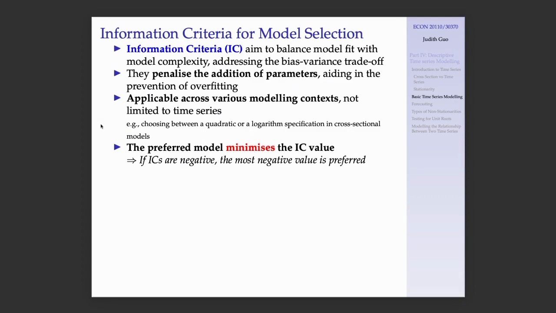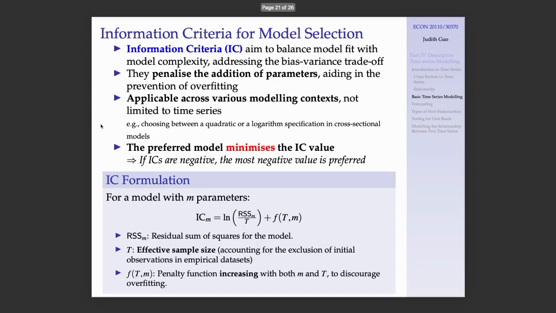The one that comes with the smallest IC value wins against the set that we're comparing it with. And that means if the IC value is negative, you should pick the one that is the most negative. So that is how we decide on which model is the best.